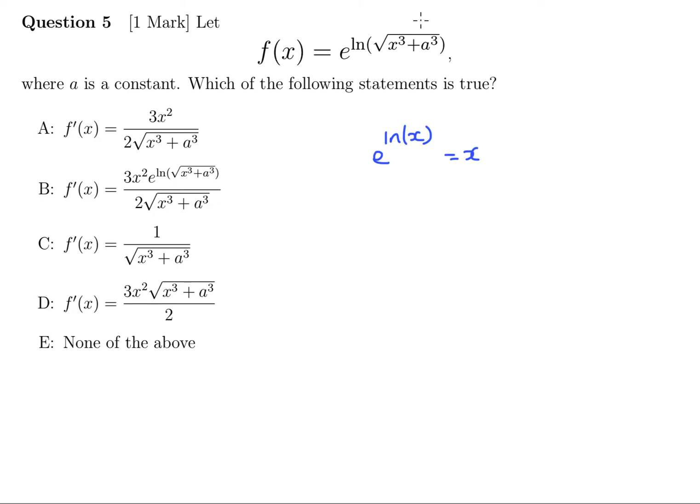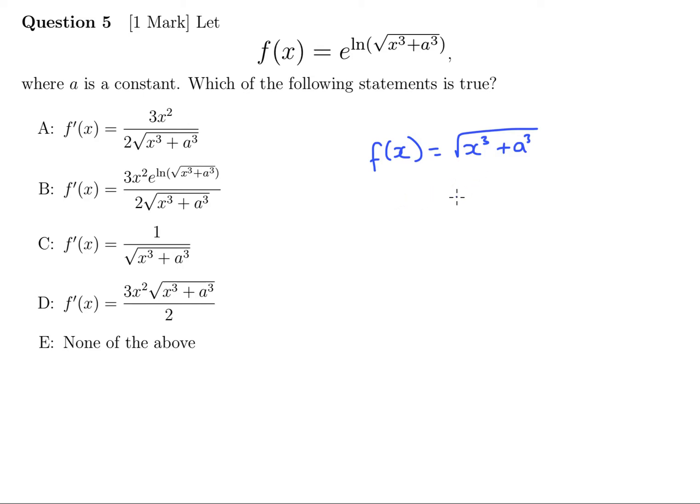So where they've written f of x is equal to e to the ln of that square root, that's just the same as the square root of x cubed plus a cubed. Now a is a constant, so they're saying a is like 4. So this is just a number, okay? It's not a variable like the x is.